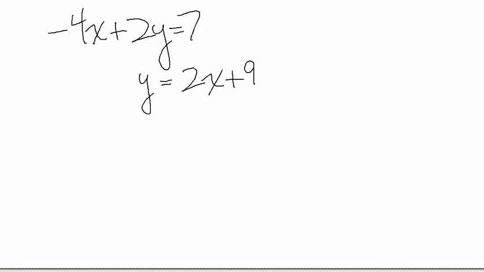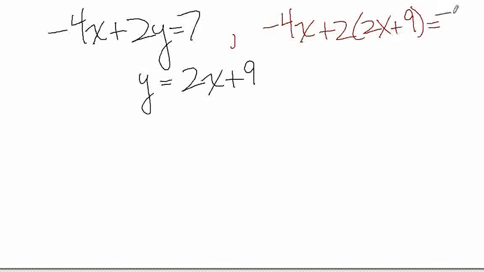All right, so I will substitute y in the first equation with the equivalent expression, 2x plus 9. So the first equation can be equivalently written as minus 4x plus 2 times (2x plus 9) equals 7. So minus 4x plus 4x plus 18 equals 7.